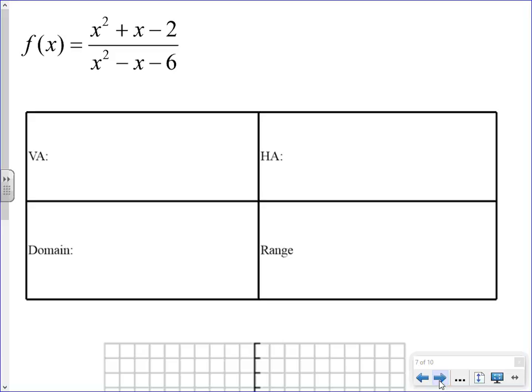When you write this down, you know our first step is to simplify. So go ahead and write it down and then factor the numerator and factor the denominator. That way we can decide if this can be simplified.